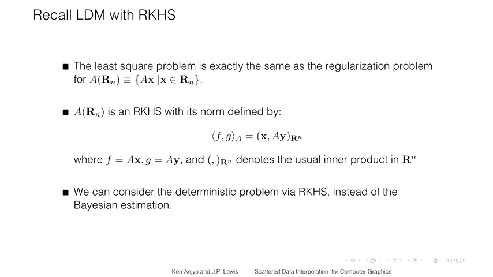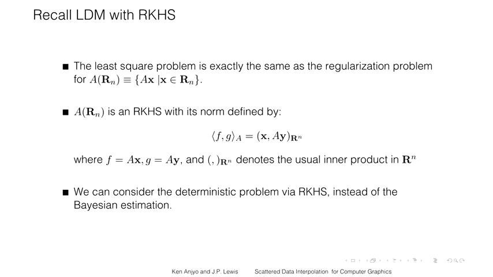Then if we change the X and Y, we have the same result, which means the well-definedness of this inner product. Actually, it's easy to check by hand. So this means the regular standard definition of norm introduced for this very finite dimensional RKHS.